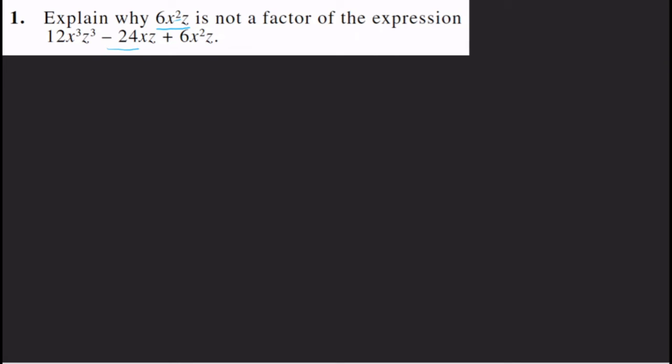Our middle term here does not have an x squared. It only has an x. Therefore, 6x squared z cannot be a factor of it. So it's not a factor because it's not a factor of the middle term.